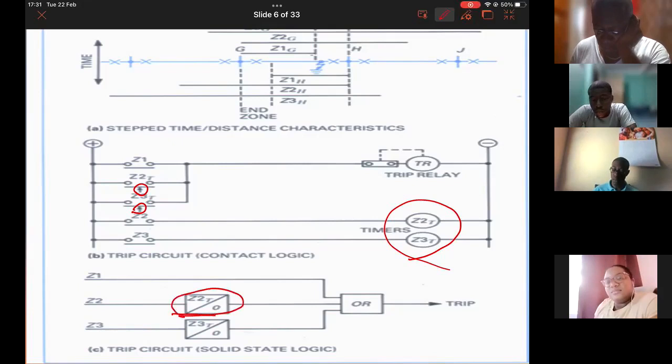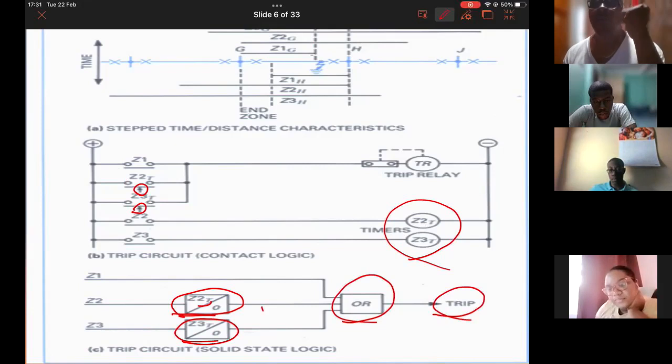You will get your 1 after the Z2T. So it is 0 prior to the Z2 time, and you'll get the 1 after.